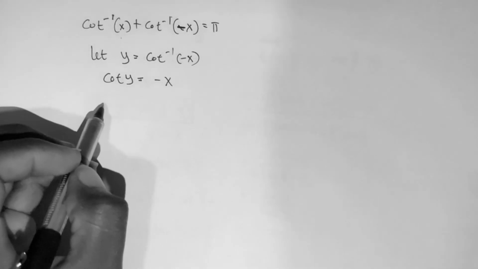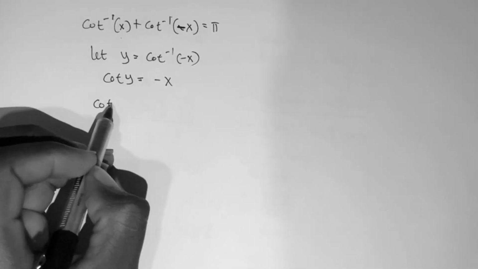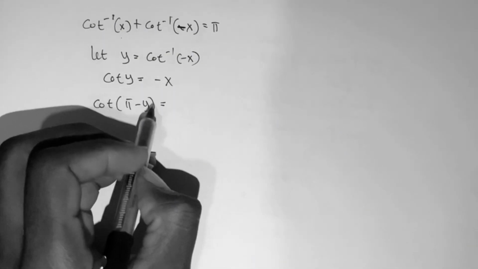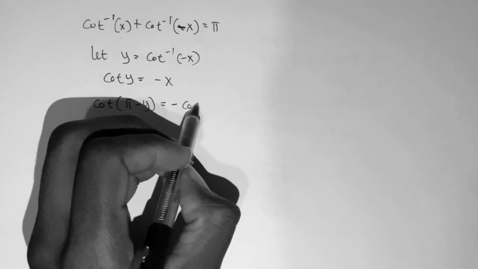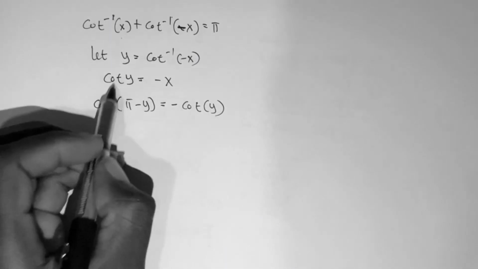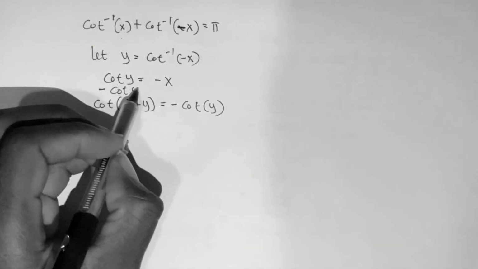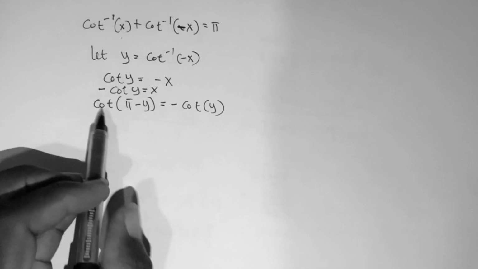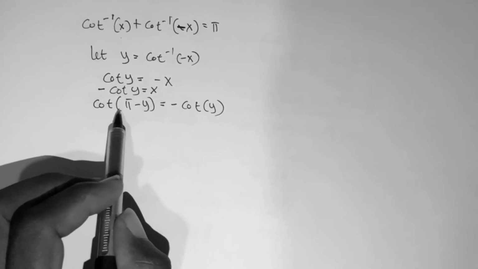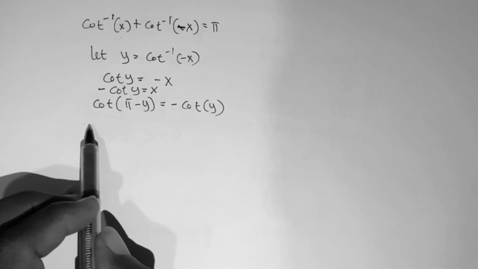Now, from trig identities, cot of (pi minus y) is equal to minus cot y. Now, this cot y equals minus x can also be written as minus cot y is equal to x. Now, I'll prove why this is true. So let's first finish proving the identity, and then I'll come and prove this relationship.